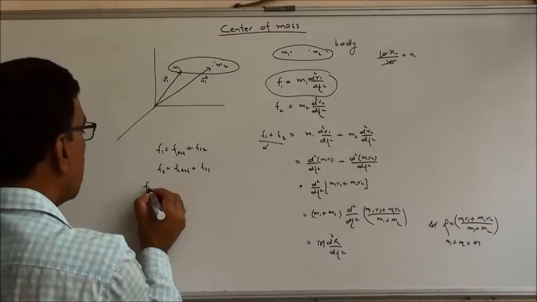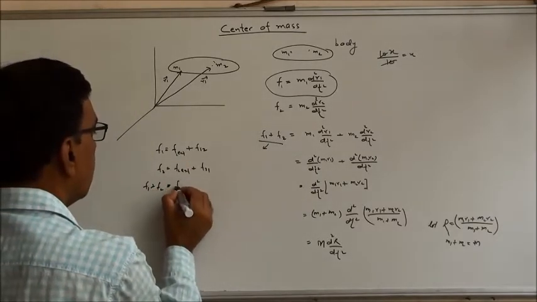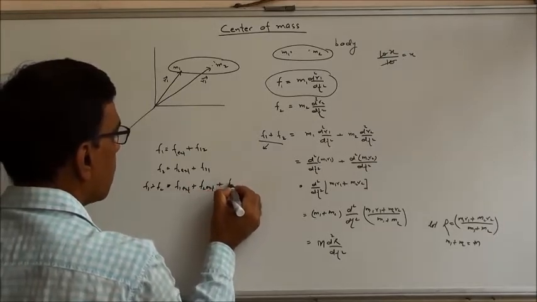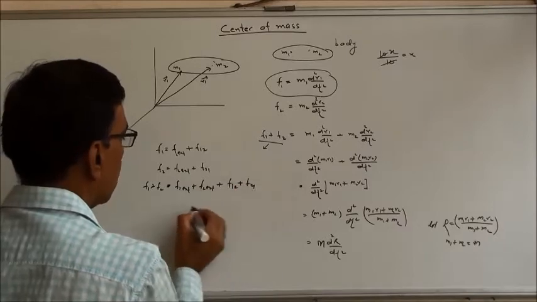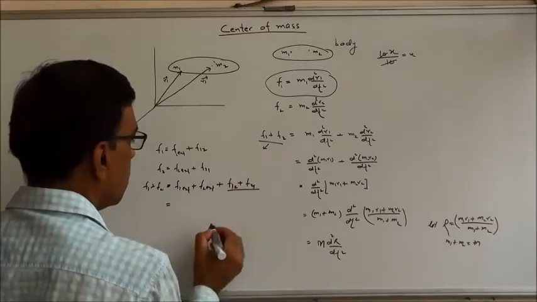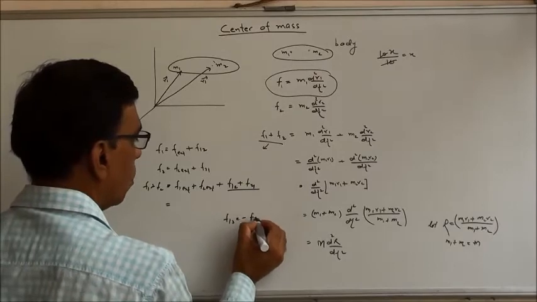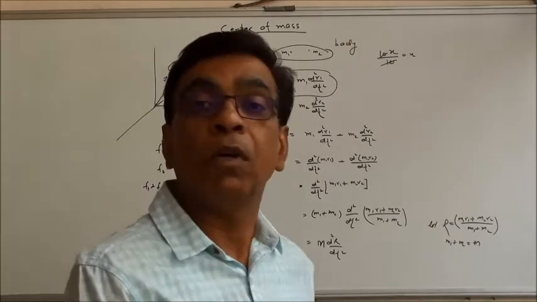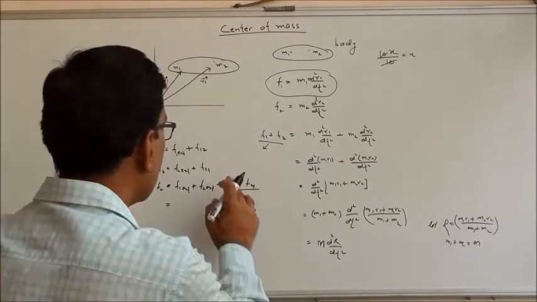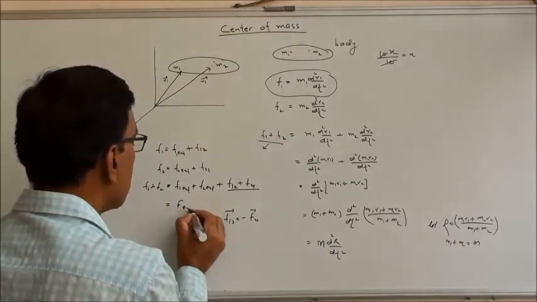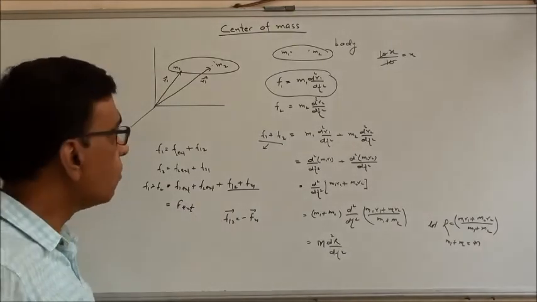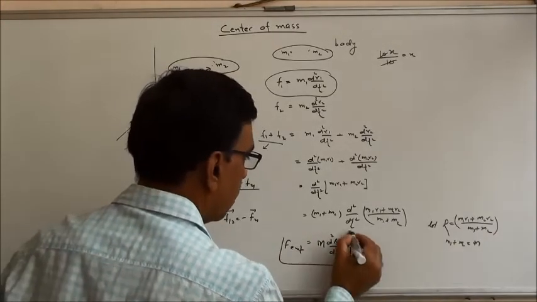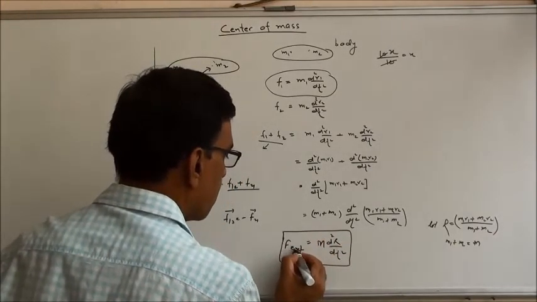So what will be F1 plus F2? F1 external, F2 external plus F12 plus F21. Newton's third law says that the force on 1 due to 2 is always equal and opposite to the force on 2 due to 1. So this cancels out, and this I can write as just F external. So okay, now what does this signify?